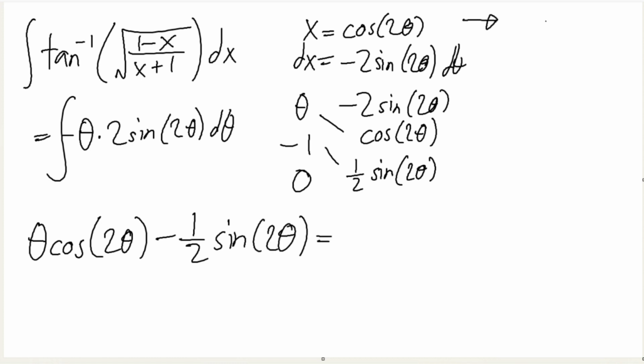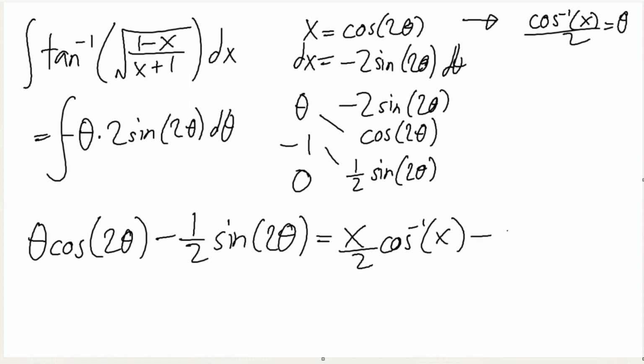And now our theta is inverse cosine x over 2. So now we have, let's see, oh well, cosine 2 theta is x. So x over 2 inverse cosine of x minus a half of sine of 2 theta, where theta was inverse cosine of x. Oh, this would be 1 minus x squared plus c.